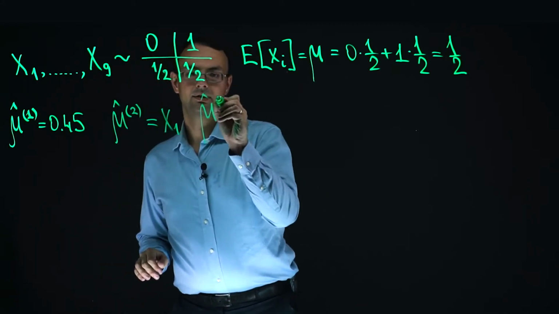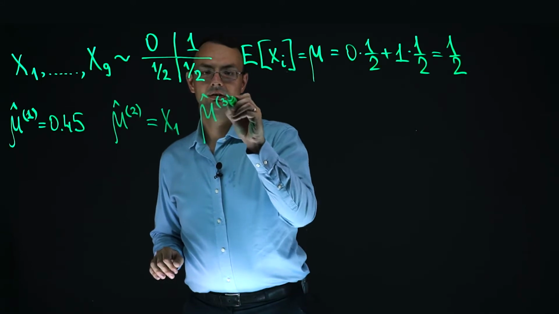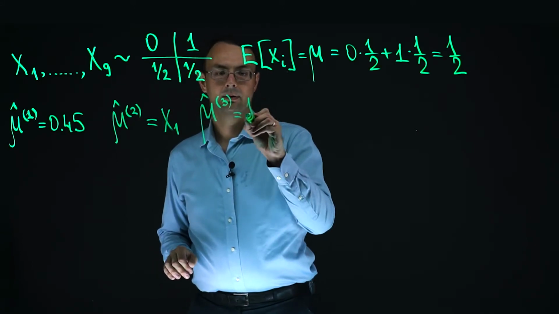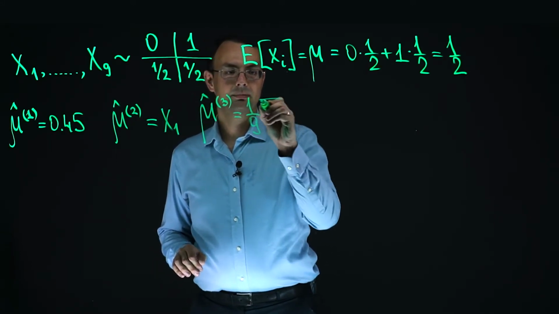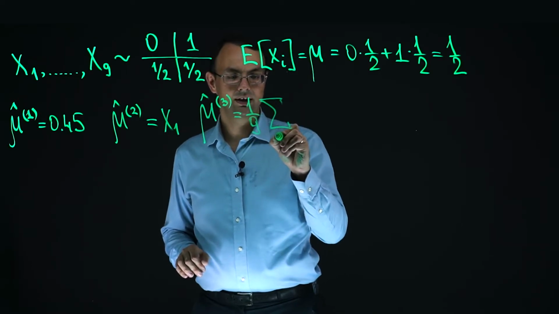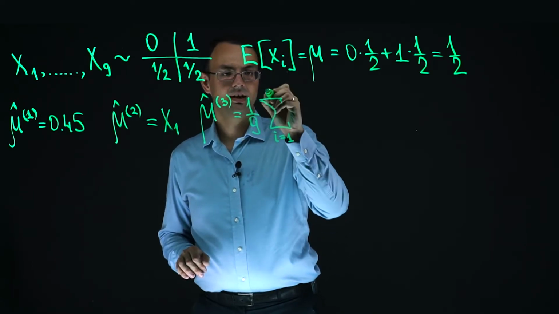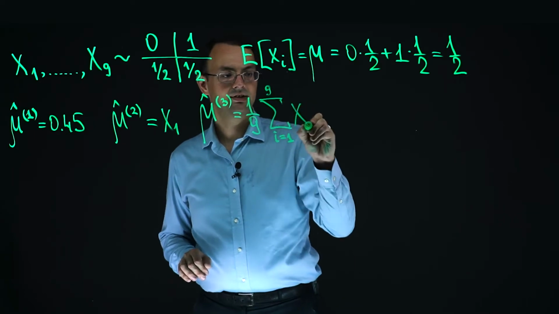Mu hat 3 is the sample mean, so it's 1/9 times the sum of x's.